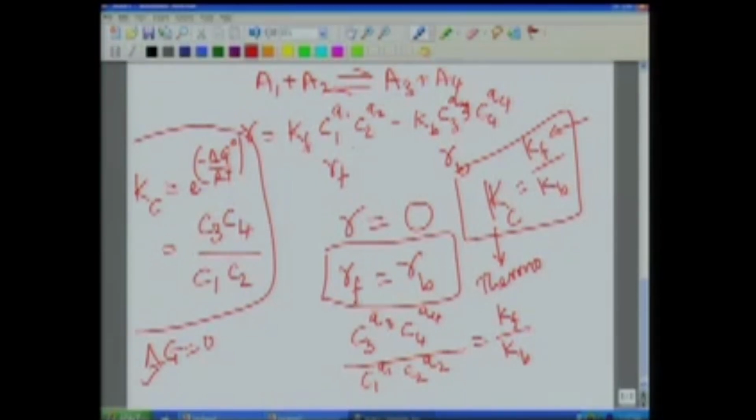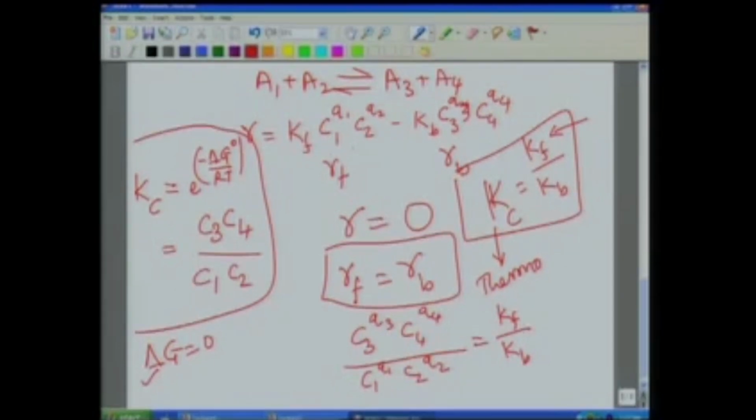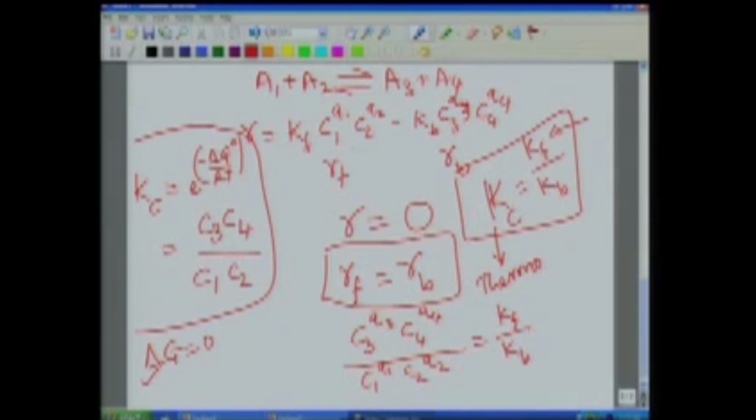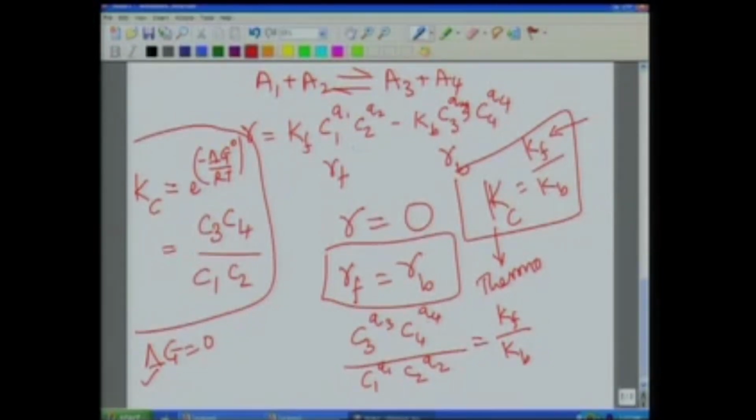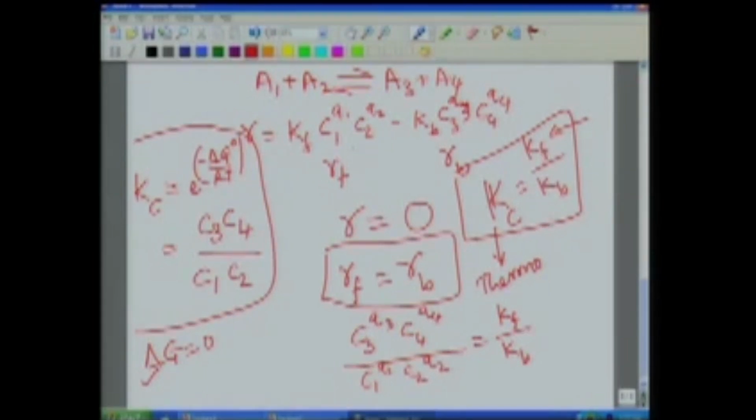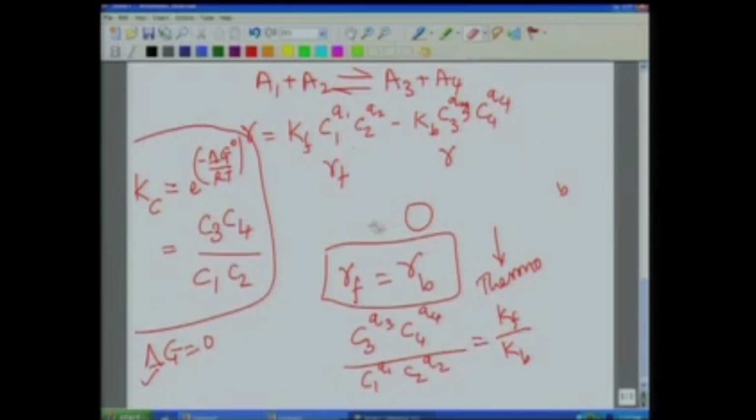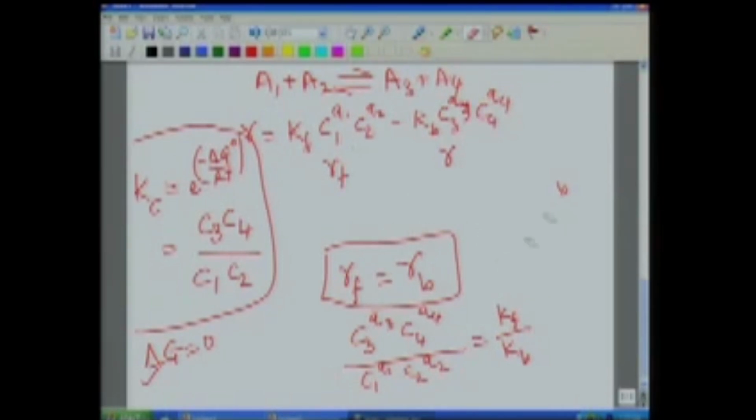Further, if you look at this ratio, which is C3 C4 by C1 C2, Q1, Q2, Q3, Q4 also cannot be randomly chosen. For example, the simplest case we can choose is the following.